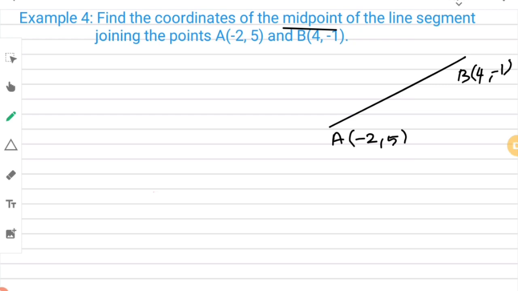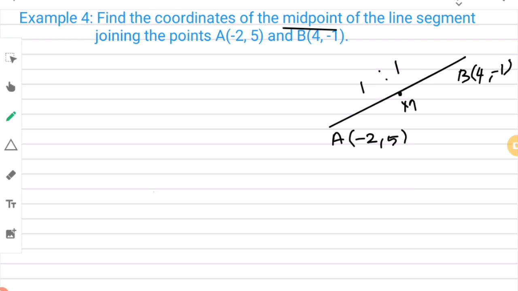Midpoint is the point where the line AB is divided equally. That means, taking the point as M, the distance AM is equal to the distance BM. That means the ratio is 1 is to 1. The ratio m1 is to m2 value is what? 1 is to 1. The same section formula only.